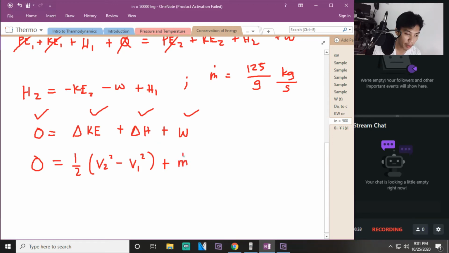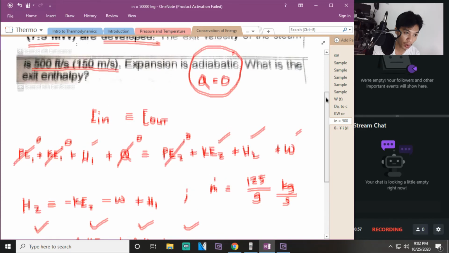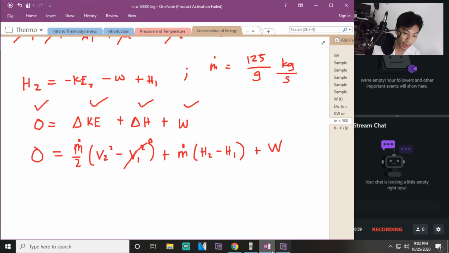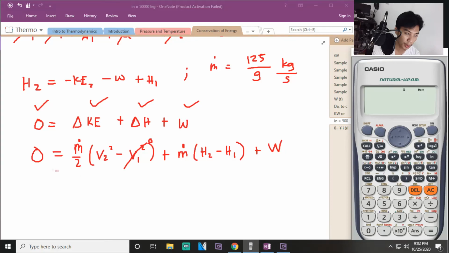So, kailangan natin multiply ng mass flow. And then, syempre, ito i-multiply na rin natin ng mass flow. Yan. And then, i-multiply natin ng enthalpy. So, H2 minus H1 plus yung ating work. Hindi na specific work yan. So, work. Wala tayong initial velocity. Sabi dito sa problem, neglect yung initial velocity. Okay, and then, no heat added. So, as is, 0 yon.